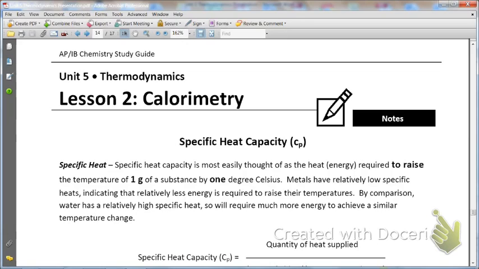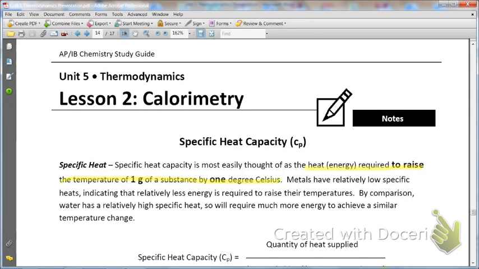So essentially, specific heat capacity is most easily thought of as the heat energy required to raise the temperature of 1 gram of a substance by 1 degree Celsius. Okay, so let's think about this.